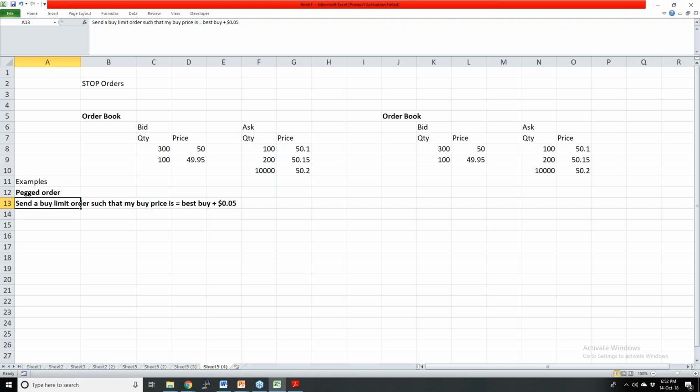I can just write a small piece of code that says I want to send a buy limit order such that my buy price is whatever the best buy is at that moment plus 0.05 dollars. And obviously when I say best buy, it's not taking into account my order.